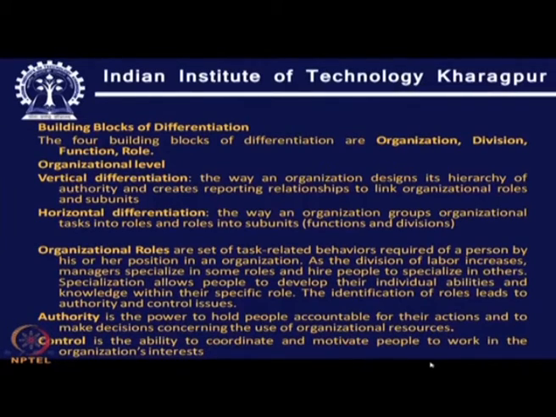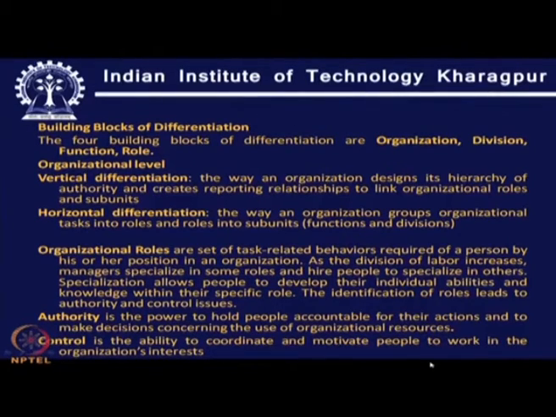Authority is the power to hold people accountable for their actions and to make decisions concerning the use of organizational resources. So, it's a legitimate power given by the organization to hold people responsible for their actions and to make decisions concerning how to use organizational resources.